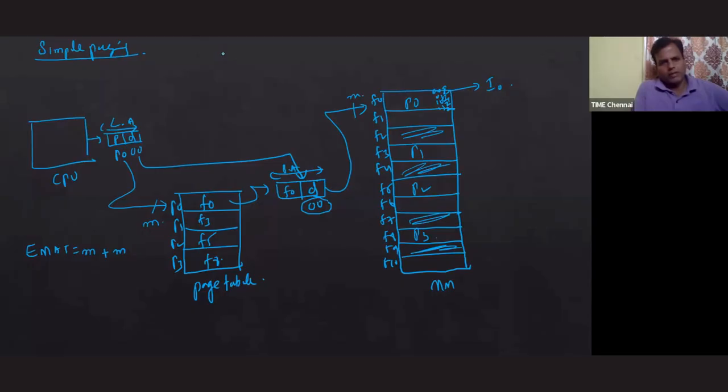If I take my process size as 9 KB and my page size as 2 KB, then how many pages are required to store this process? 5 pages. So each page size is 2 KB, 2 KB, 2 KB, 2 KB, and 8 KB is over. In the last page, I am filling only half the page. So that means the last 1 KB is going to waste. So that is called internal fragmentation.